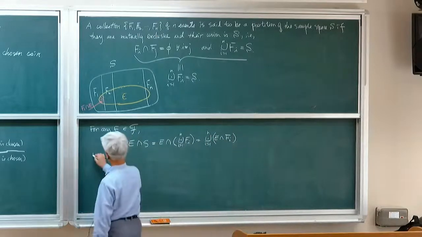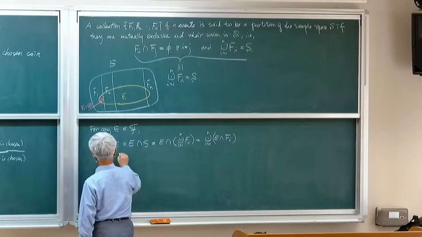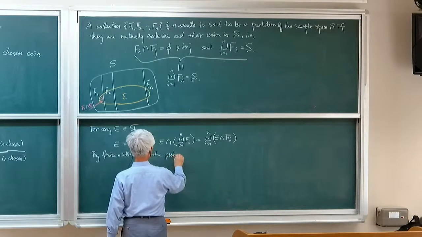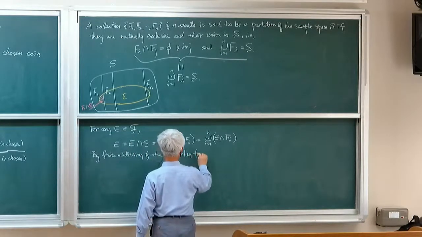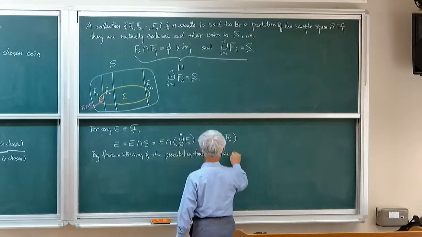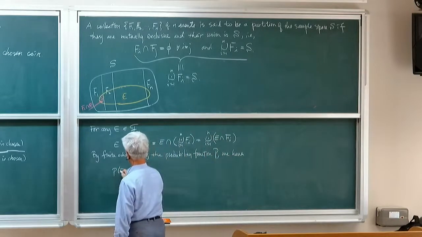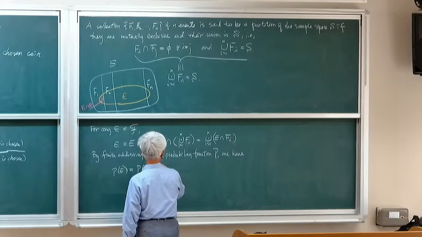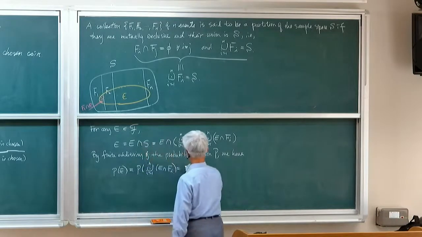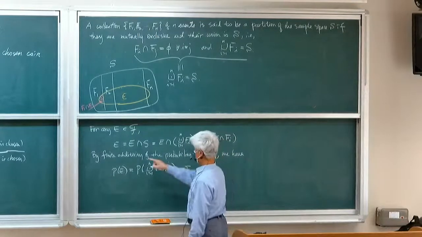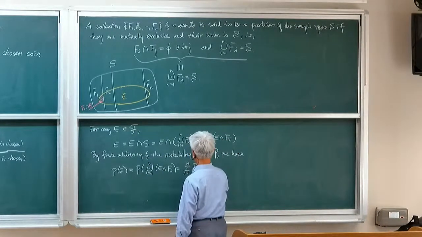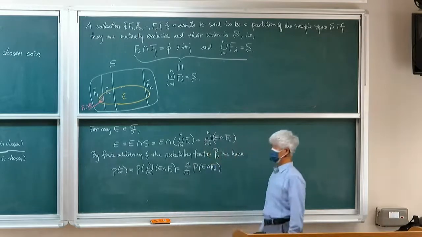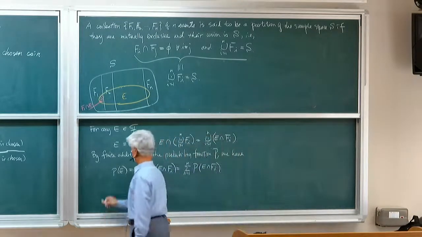Okay, and so by finite additivity of the probability function, the probability of E becomes the probability of the disjoint union over i from 1 to n of E intersect Fi, which is equal to, because this is a disjoint union, by the finite additivity, the sum of the probabilities of E intersect Fi.